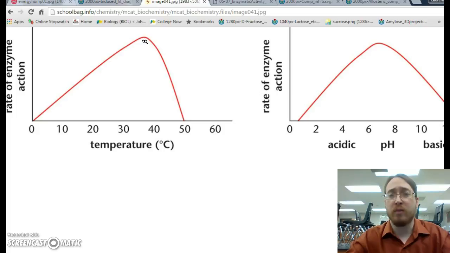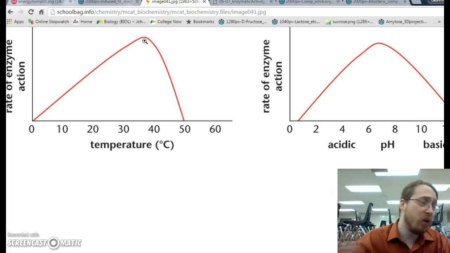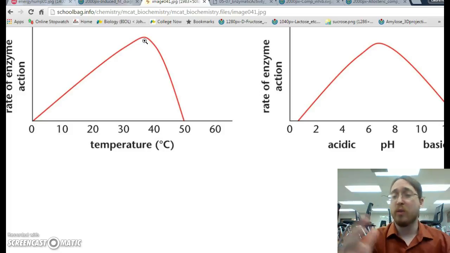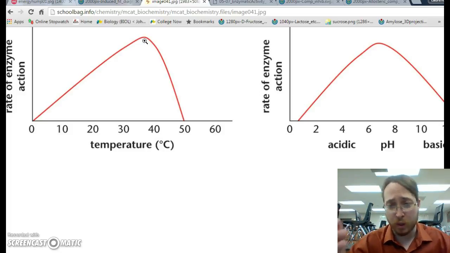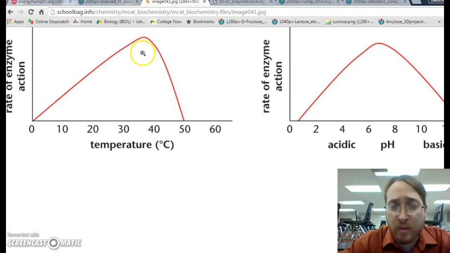These enzymes evolved to function in our chemical environment, and in our chemical environment we're generating heat, which is 37. If you look at another organism, this might not be the peak temperature, and so there's a range of temperatures on Earth about which enzymes are optimal, but for most we are at about 37 degrees.